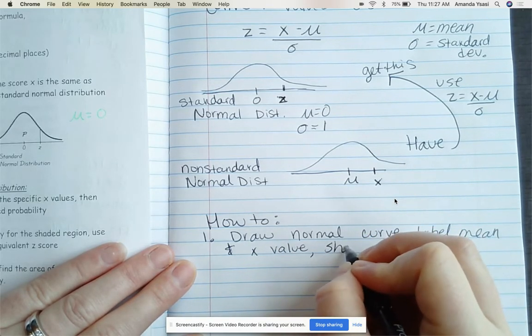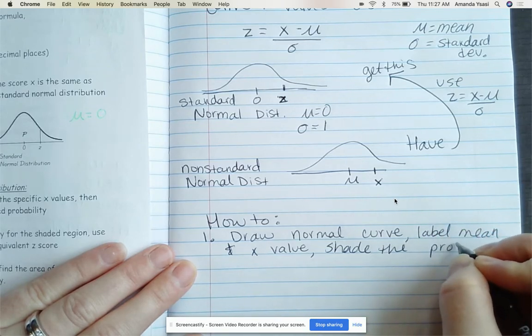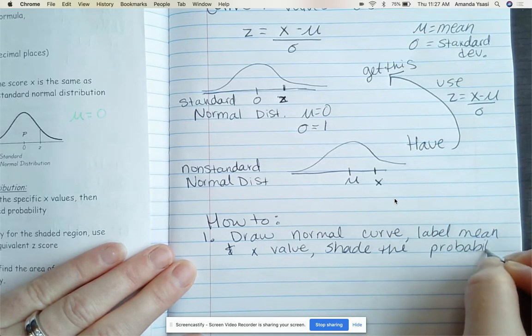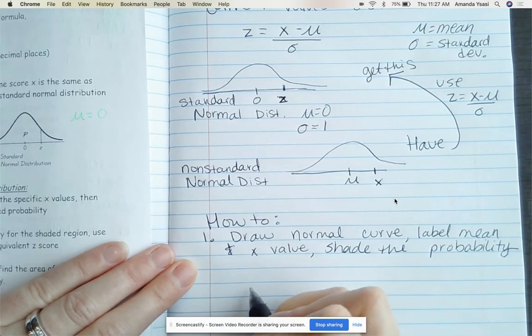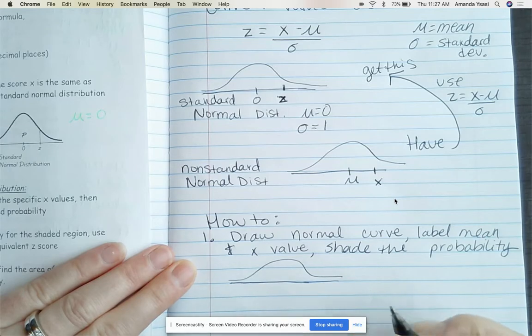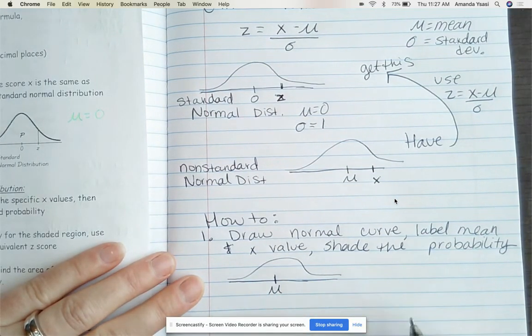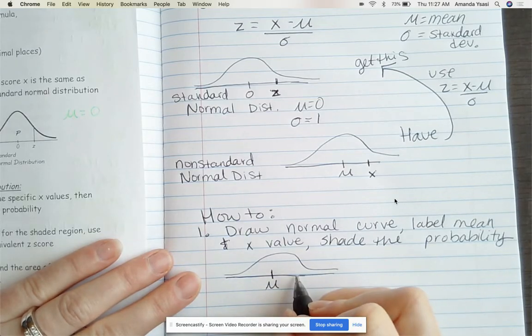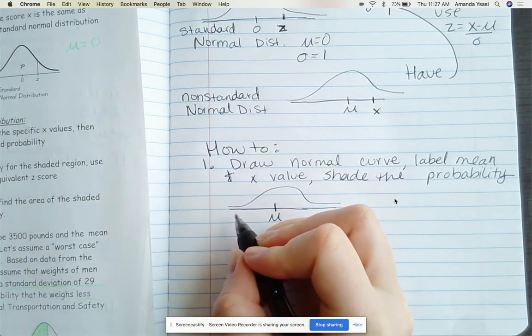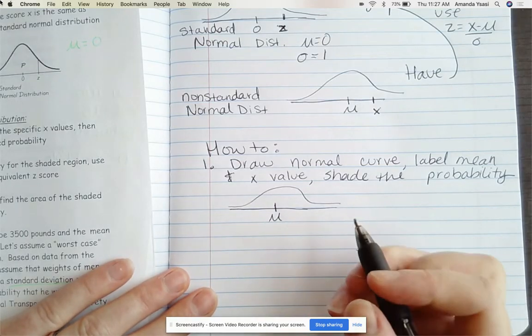Then shade the probability. So identify your mean, whatever that mean is, and then wherever your x is. Sometimes x is over here, sometimes x is here. You just got to know where x is, and then shade the probability.